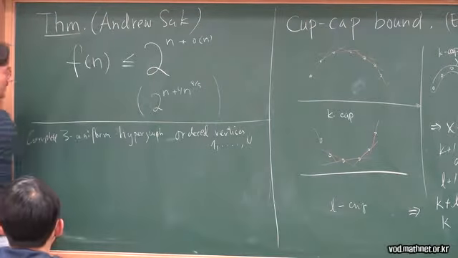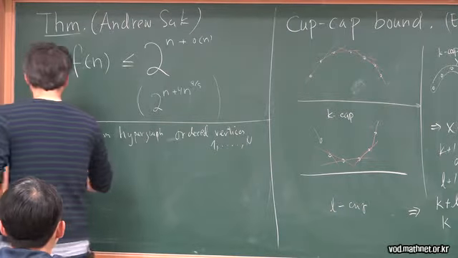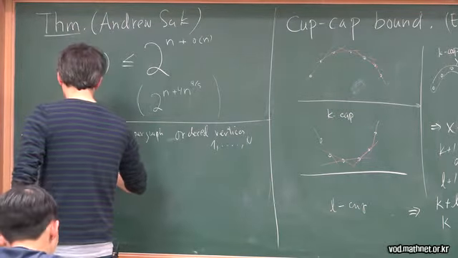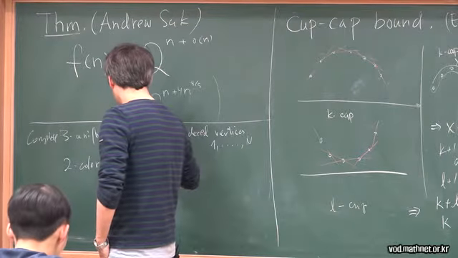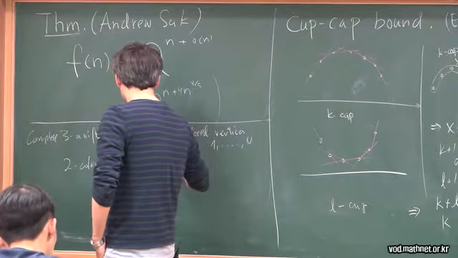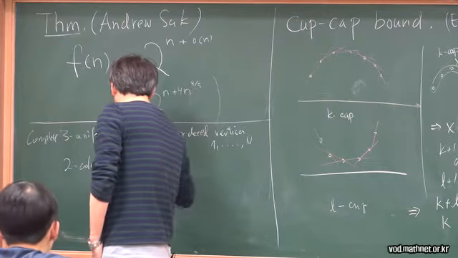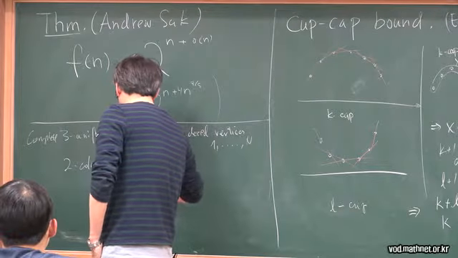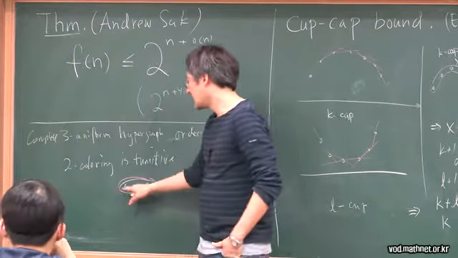And a coloring, so I'm going to color this hypergraph with 2 colors. A 2-coloring of the edges is transitive if the following holds. You take a triple I, J, K, and suppose this was colored red.